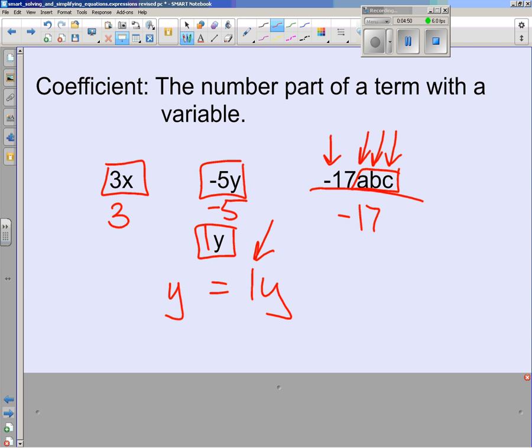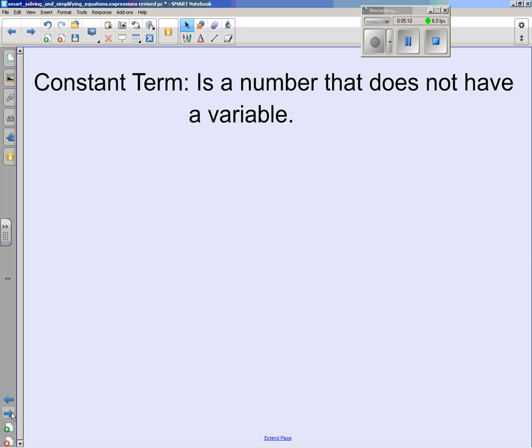Since you are all becoming mathematicians, you shouldn't write it either. If you end up with a problem that has 1y in it, leave the 1 off. But you do need to know that if you see y, your coefficient is going to be 1. Okay? All pretty simple so far. Quiz yourself to make sure you understand them.